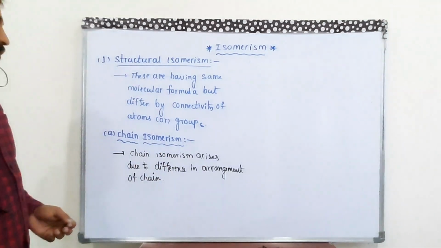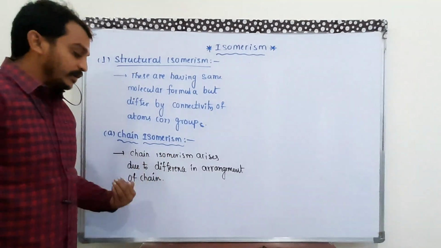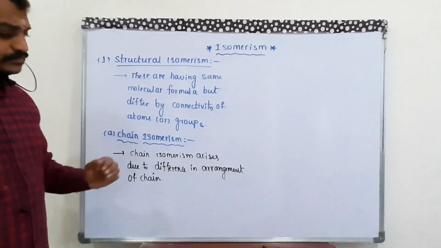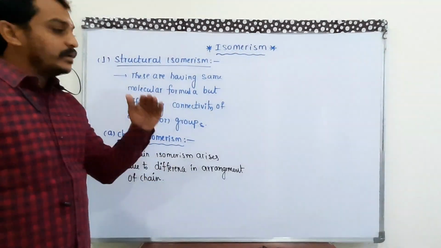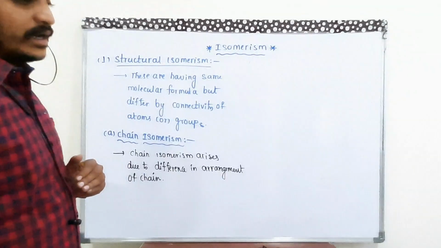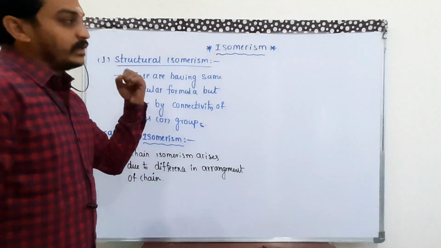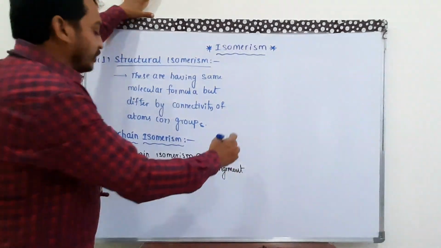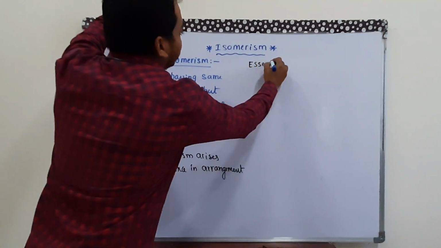Those are called chain isomers. The phenomenon or the process is called chain isomerism. Based on that, what are the essential conditions to explain the chain isomerism? I am writing here the essential conditions.